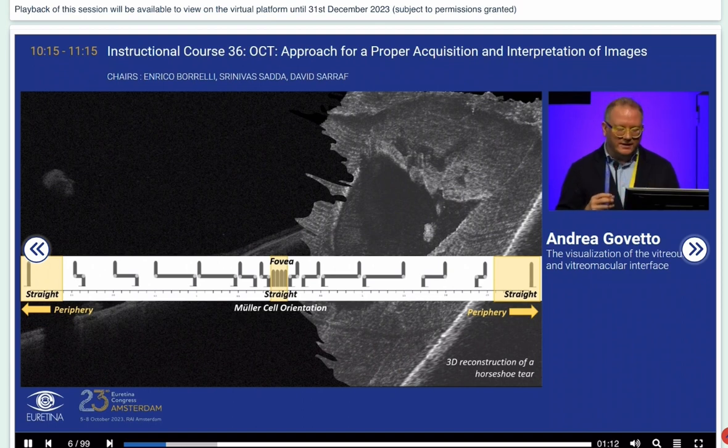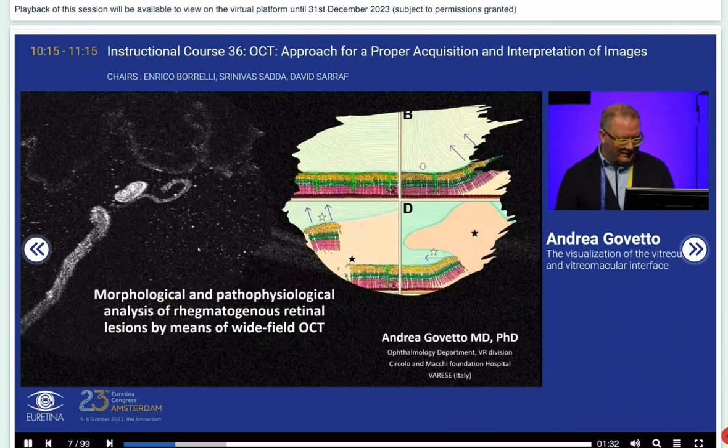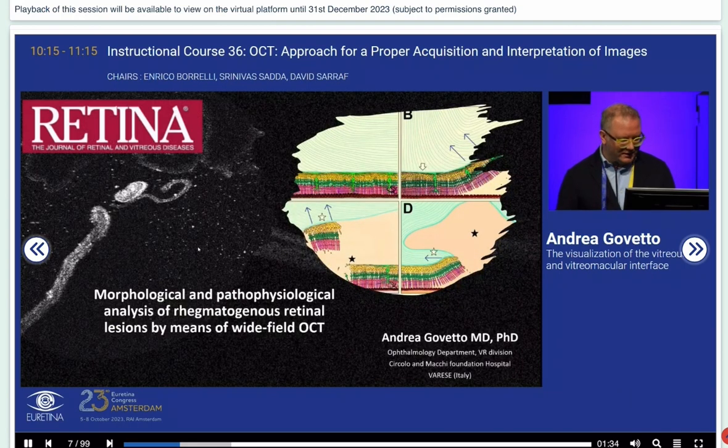This means that the pathology of the periphery and the fovea can be very similar, because mechanical forces are transmitted somehow in the same way. They are very efficiently transferred in the center and in the periphery, and very poorly transferred in the parafovea. And this is why you almost never see parafoveal macular holes, for example. This is a study that we did that you will see in Retina soon.